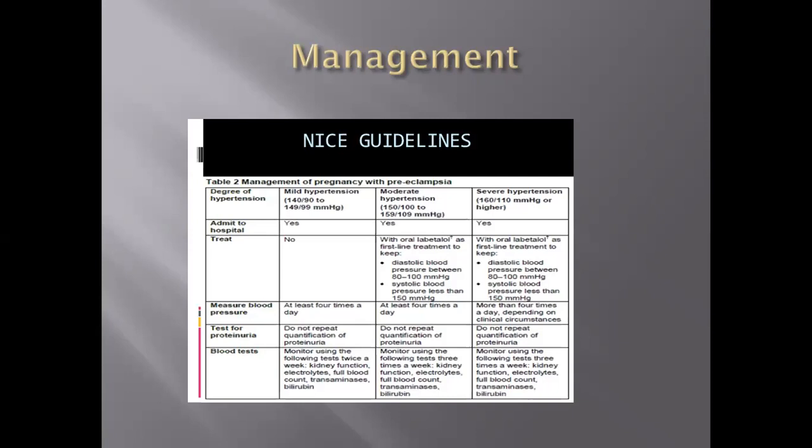First of all, we will divide the patients into three main groups depending on the degree of hypertension. Mild hypertension, that is 140/90 to 149/99 millimeters of mercury.